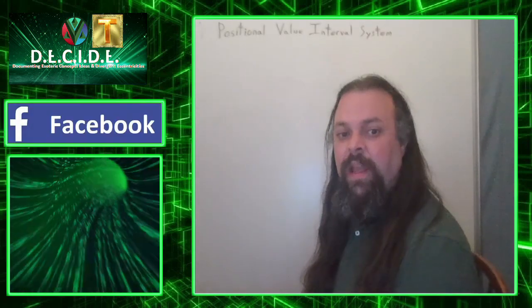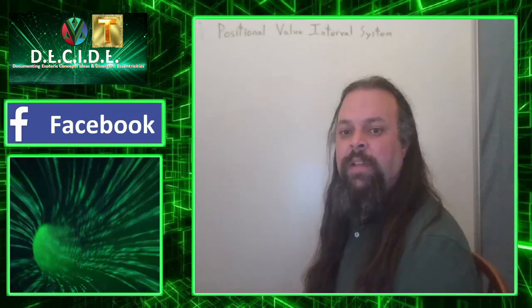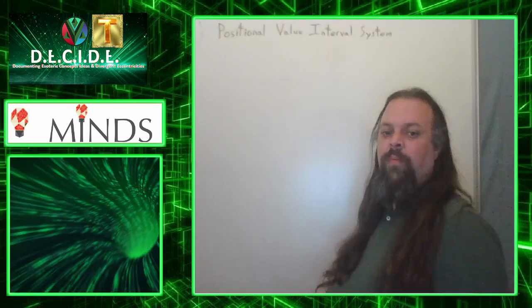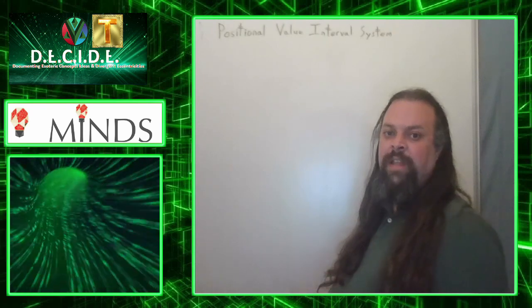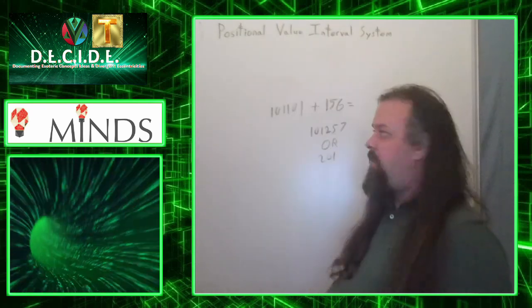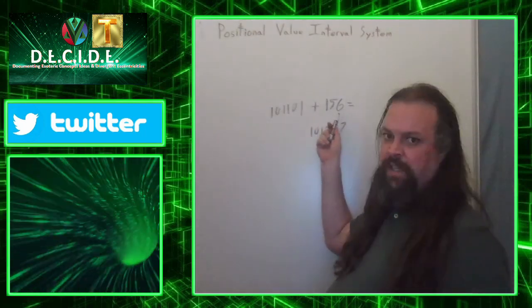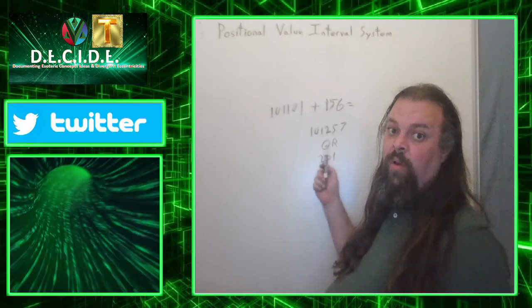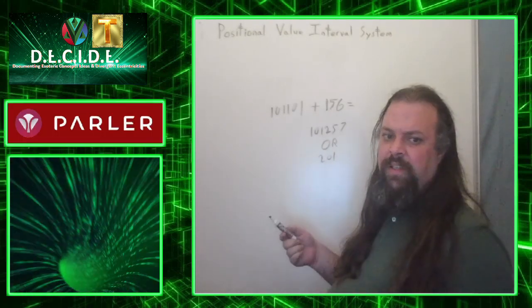So we are finally at the positional value interval system. Up until now, each of the numbering systems shown has been a base system, but not one of them requires they declare what base system they use. This means that 101,101 plus 156 can equal 101,257, or 201, or many other possibilities.